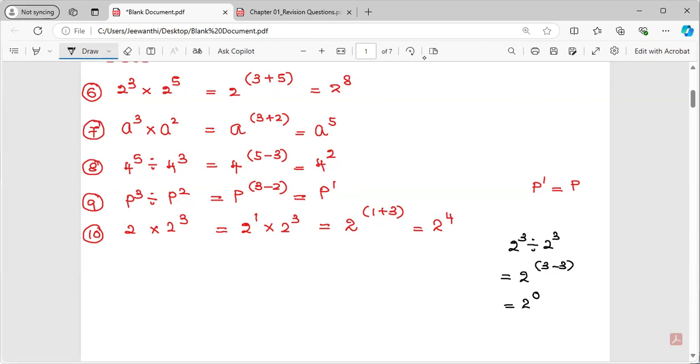But according to the instruction given in this question, if you have a sum like this, which I have written in black color, you are supposed to write your answer as 2 to the power of 0. If by any chance they have asked you to write the value, then you can write that 2 to the power of 0 is equal to 1. Till then, you can't go to further steps. You just stop there at 2 to the power of 0, that is the answer in index form.